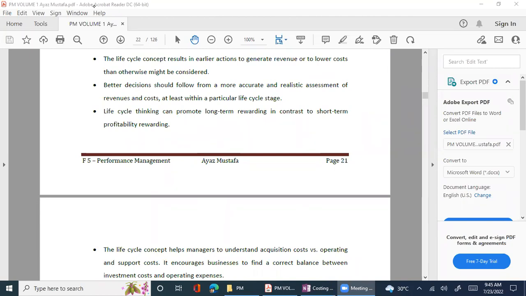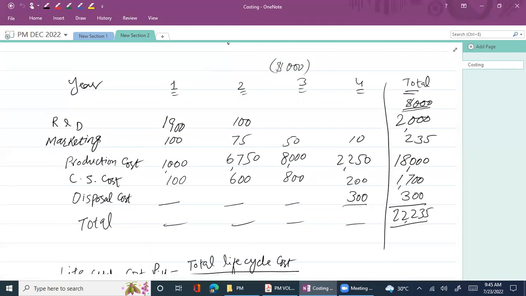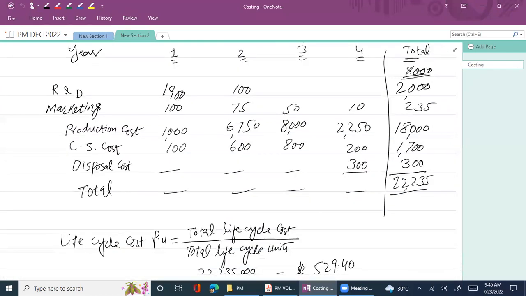Okay. Before moving, just for your knowledge, I want to tell you something. If we make a total of these figures, we will be getting the value for year one, year two, three, and four.